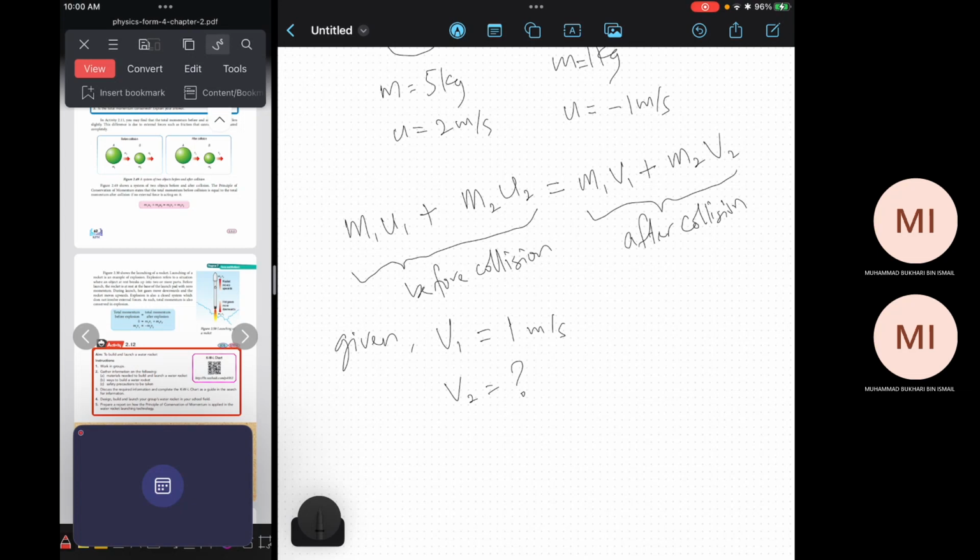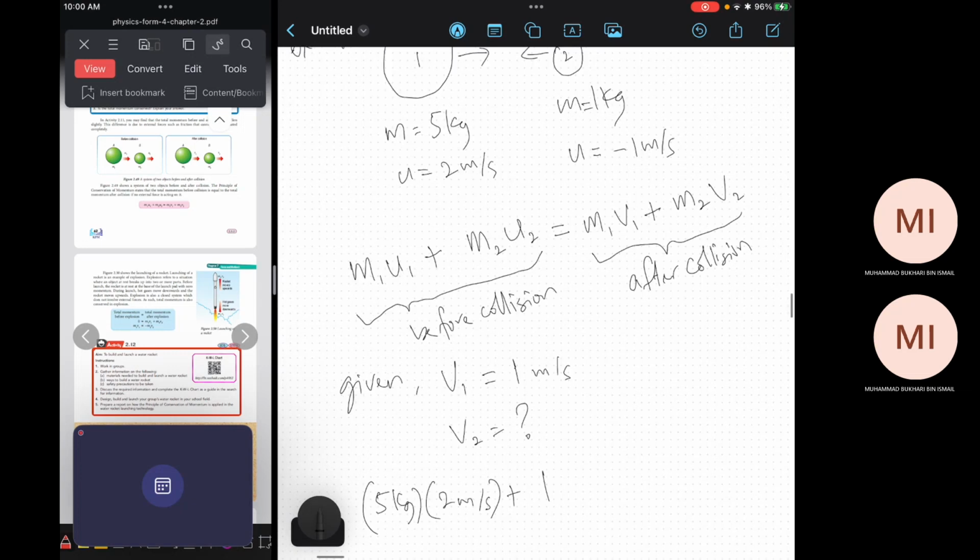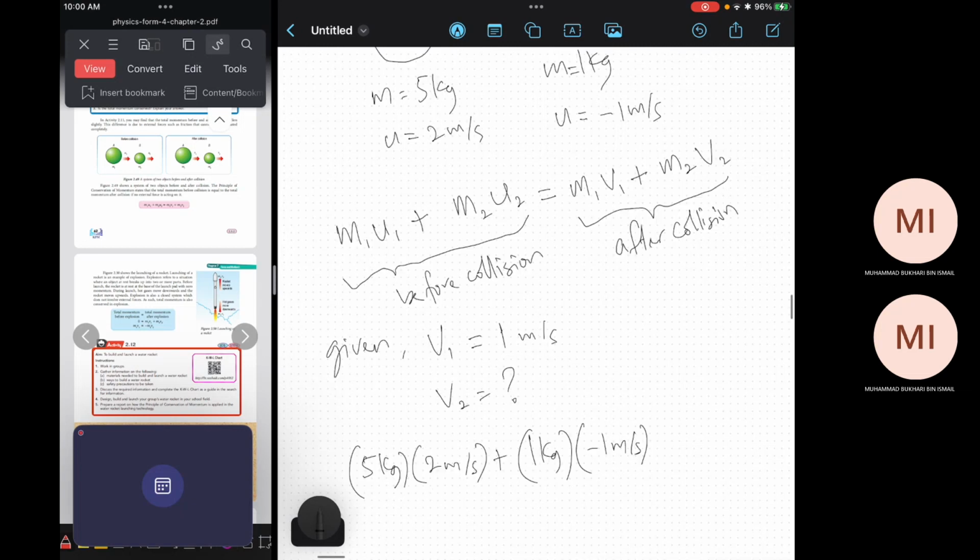M1 is 5, betul tak? 5 kilogram. U1 is 2 meter per second, betul? Plus, what is M2? 1 kilogram. What is U2? Negative 1 meter per second. Betul? Equals.